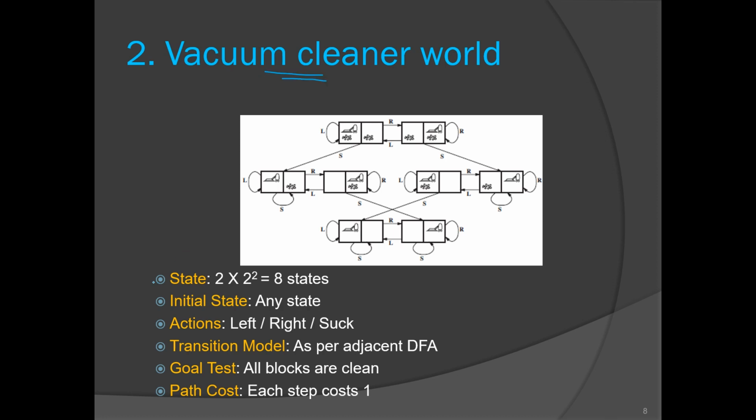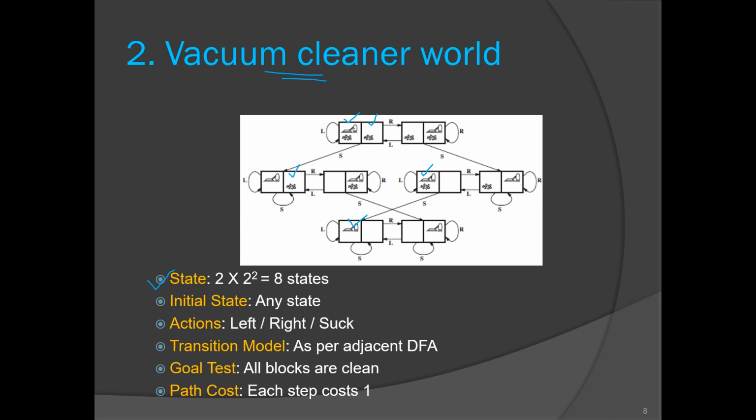Now how many states are possible? So we'll find different states possible. We know that we have 2 blocks and dust may be present at both the blocks, or it may be present in only block B, or block A, and we may have clean blocks.